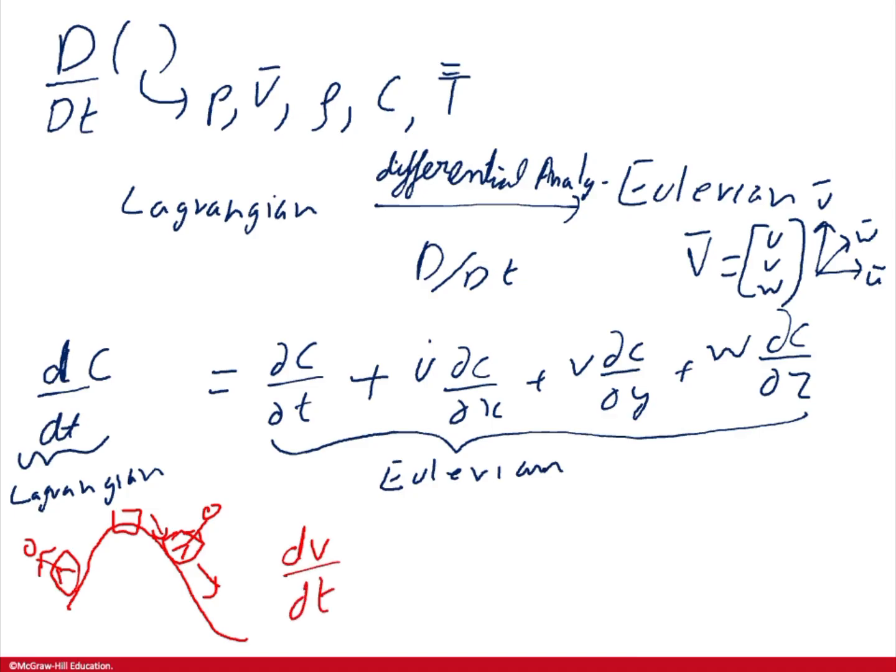So now if you want to find the time rate of change of velocity, you're trying to find the velocity vector. If you're a person seated in the car, you're moving with the roller coaster. In that sense, if you're measuring or feeling the velocity, you're measuring it as if you were in the Lagrangian frame of reference, or as if you were a person sitting in the fluid particle.